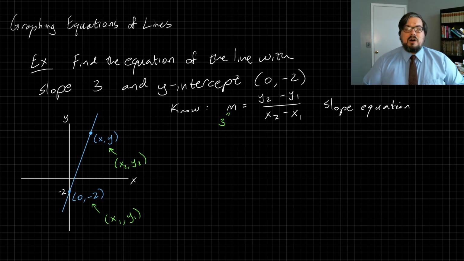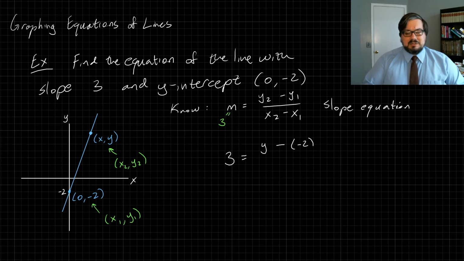So if we plug all of these values in, we get that 3 is equal to y2, which is just y, the y-coordinate of the general point we're looking at, minus y1.